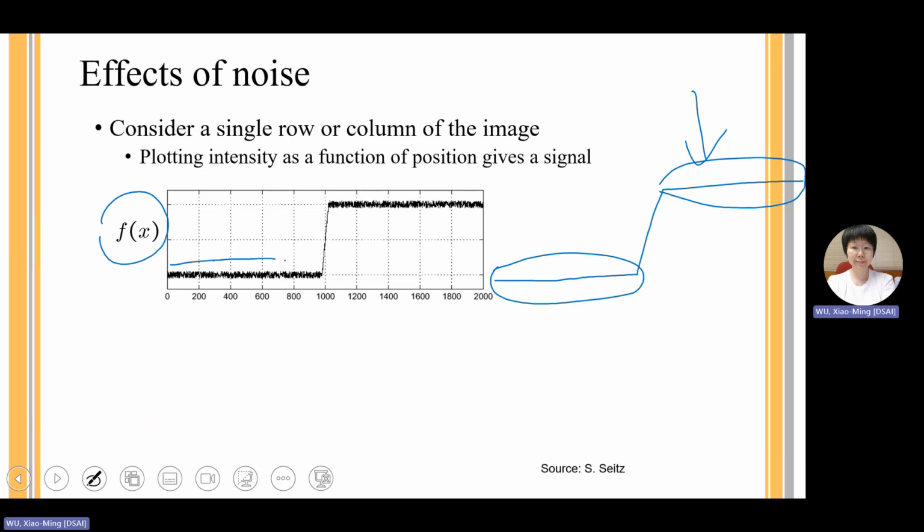But with noise, you can see there are small variations in image values.